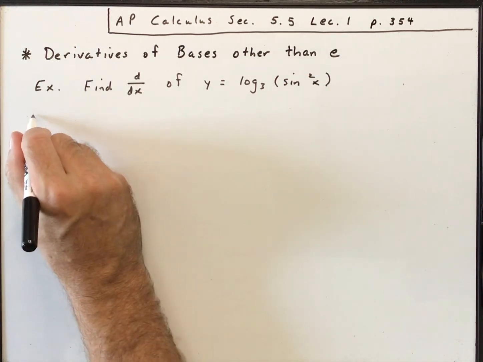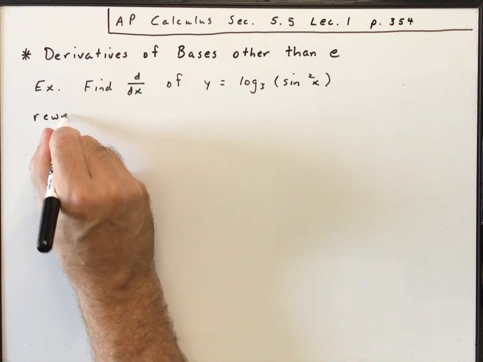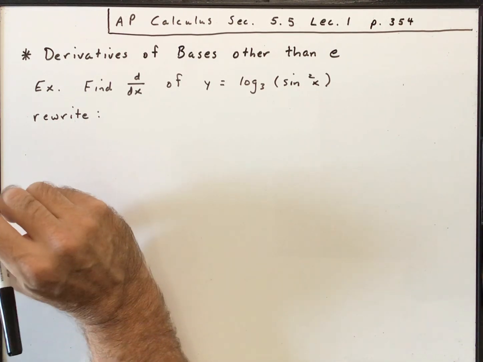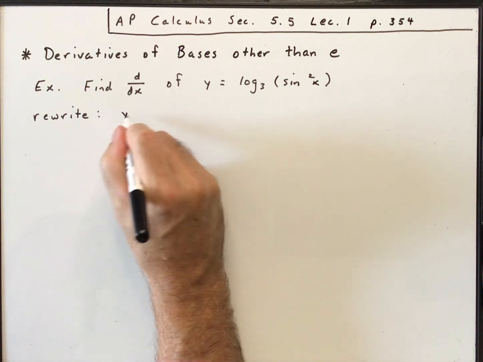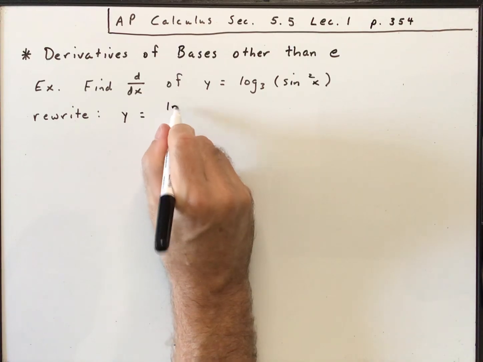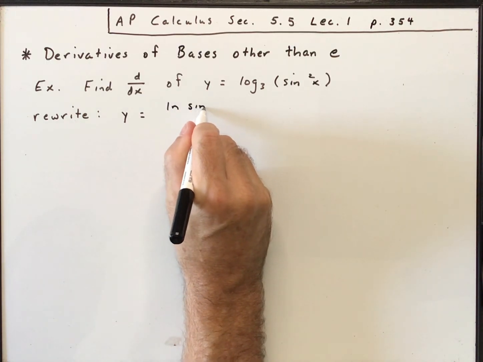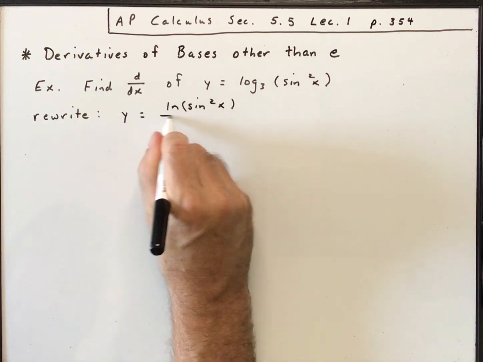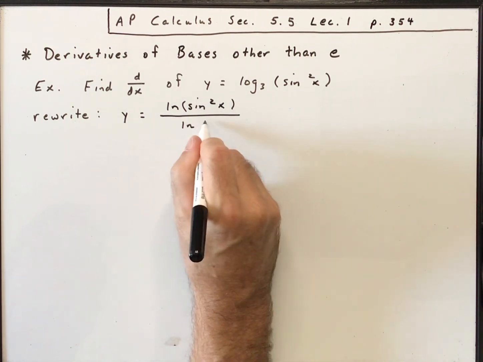Okay, so first let's rewrite this. We want to rewrite it to our advantage. We're going to use this change of base formula. So we're not at y prime yet, we're just y. And it's the natural log of sine squared x over the natural log of 3.